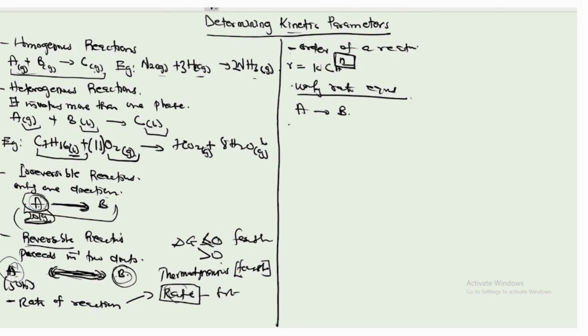So if you are writing in the form of the reactant, because the reactants are being consumed, that means the rate will be negative, right? So the amount of A being consumed, the amount of A disappearing. And when you are writing in terms of the product, it's supposed to be positive, right? Because B is being produced or B is being formed. However, the rate will still be the same.